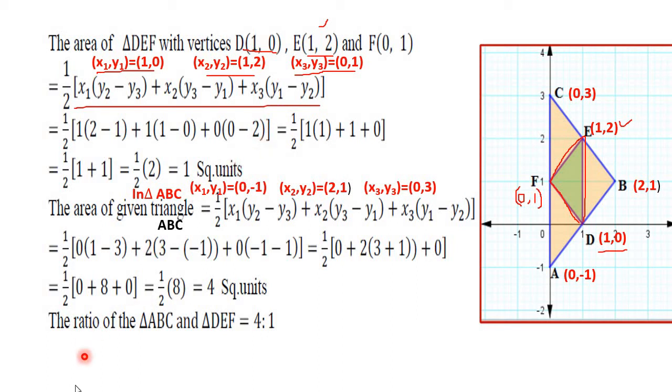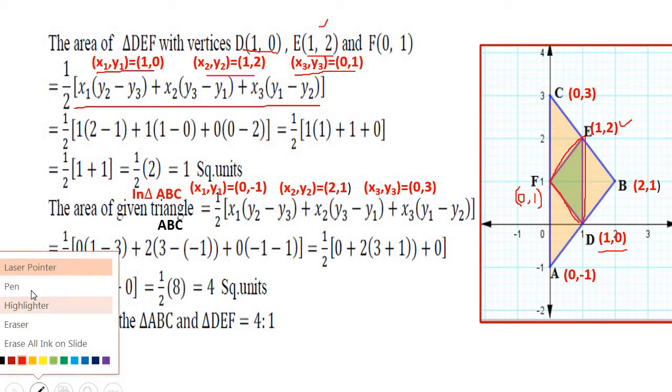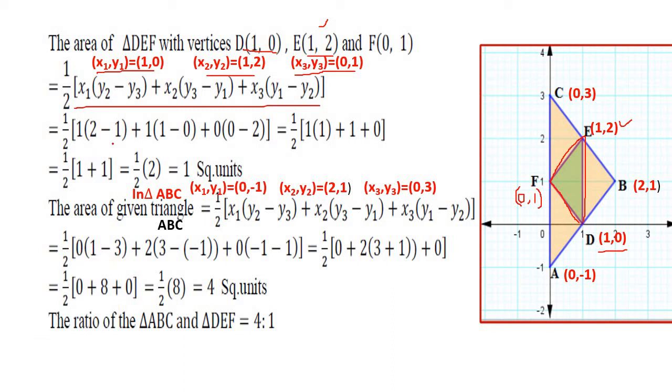Now let us simplify. 2 minus 1 is 1. Next, 1 minus 0 is 1. 1 into 1 is 1. Then 0 into anything is 0. So what will we get? 1 into 1 plus 1 plus 0.